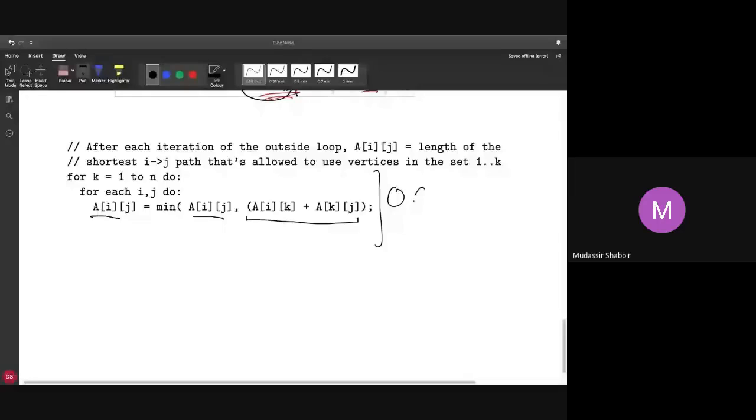All right, let's do a quick time complexity of this algorithm. And the time complexity is extremely simple. This is just order n cube, right? Because for every, so this is n and this is n square, okay? And that's it, 3 loops, order n square, order n cube.